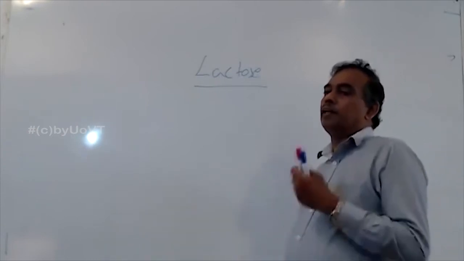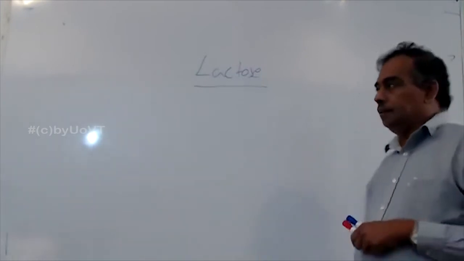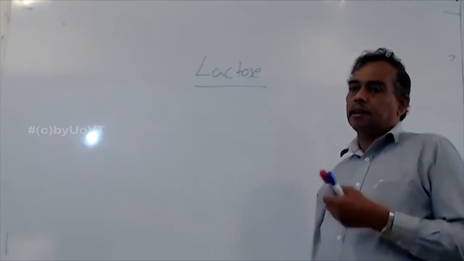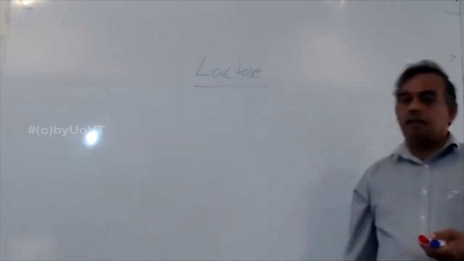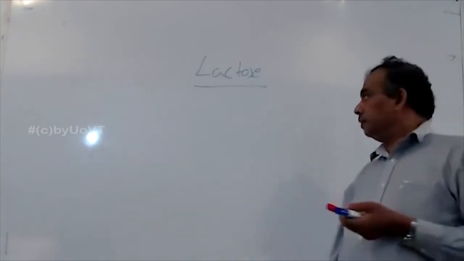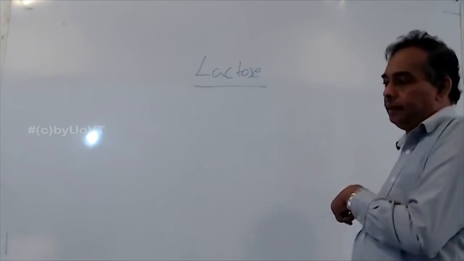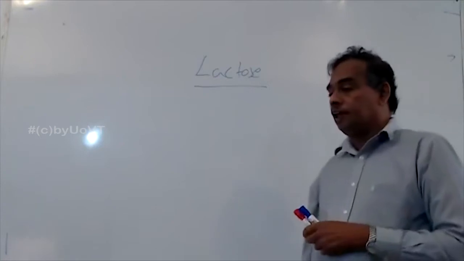The major carbohydrate available in milk is lactose. That is a disaccharide. So when we discuss the disaccharide example, I explain the structure of the lactose.